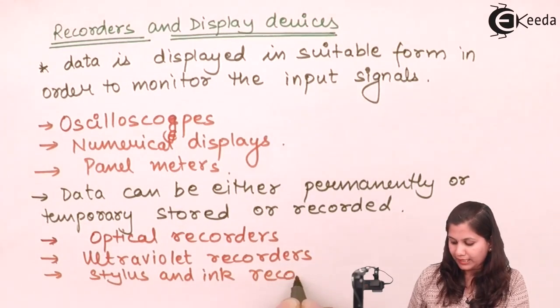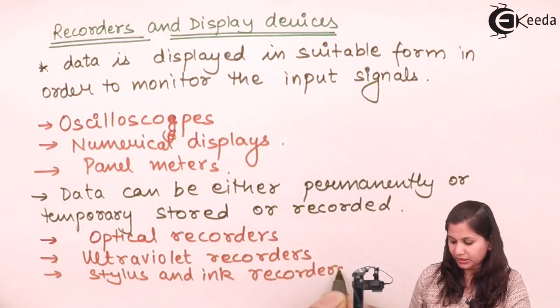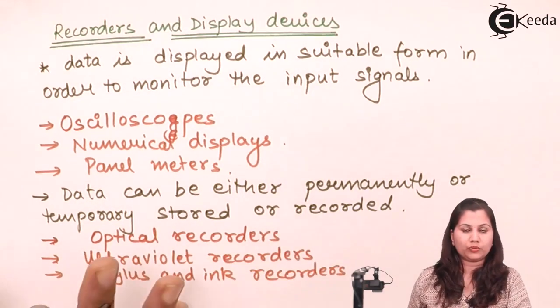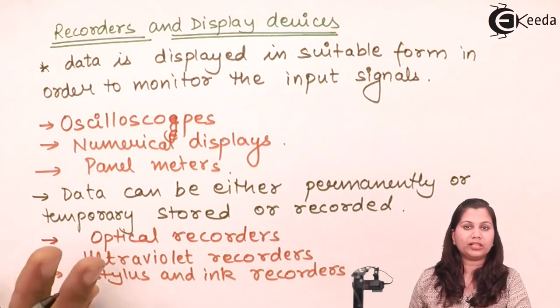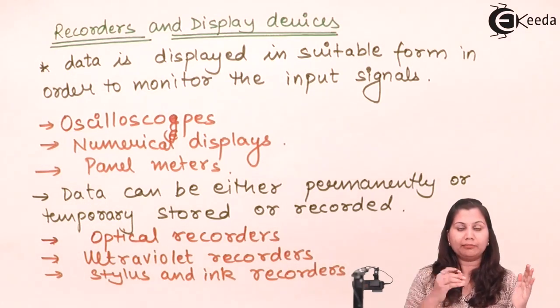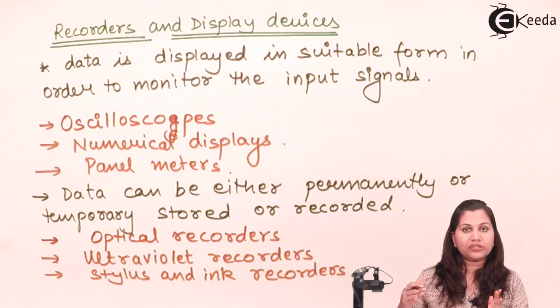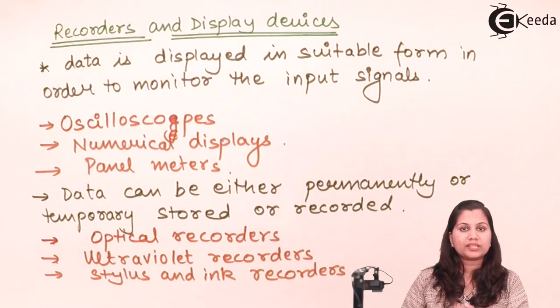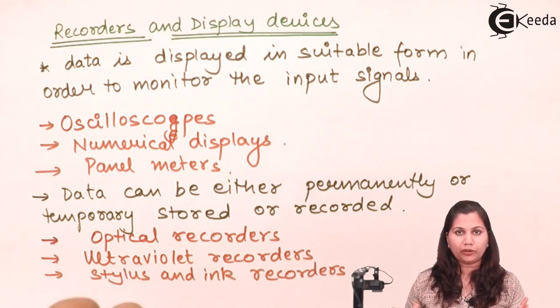So if we want to analyze how the input signal is changing with time, then recorders can be used. These recorders record, for a period of time, how the input signal is varying and what changes are occurring in it. So the signal will be recorded for a period of time.